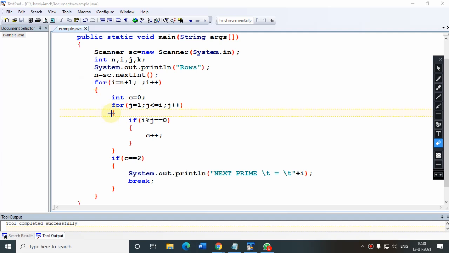But the main logic is this: to count the factors, or without counting, that is up to you, like Priyamvada has done. Instead of that, the loop you can start from 2 less than equals to I by 2. Then here we are supposed to check 0. But I hope this logic is clear for everybody.